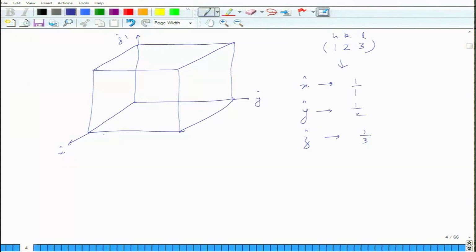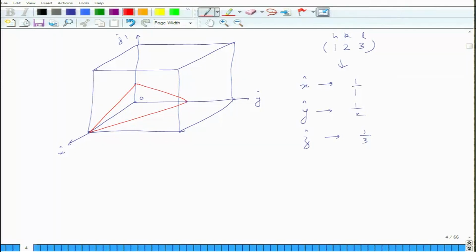So, you can see here this is 1, this is half, and this is 1/3, and you can choose this as the origin O because all three are positive. So, if you go in this direction it is plus x, if you go in this direction it is plus y, if you go in this direction it is plus z, and if you connect all three of them, this is your plane 1, 2, 3.